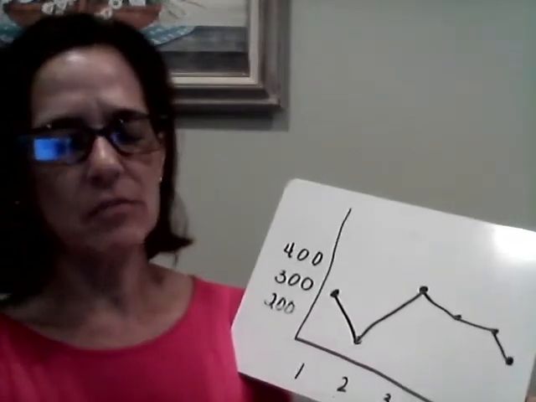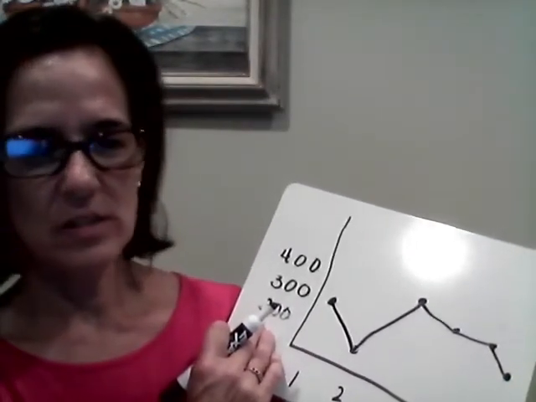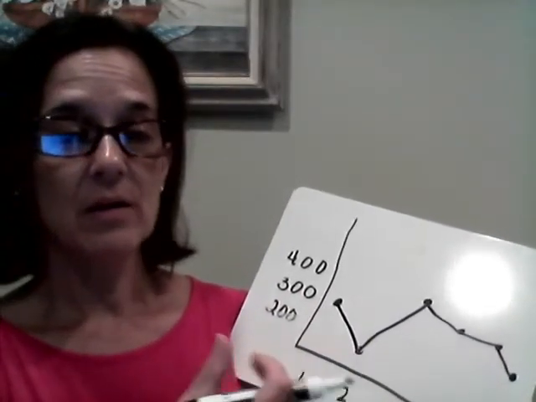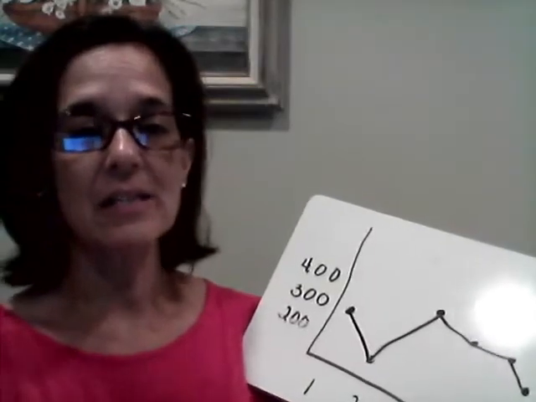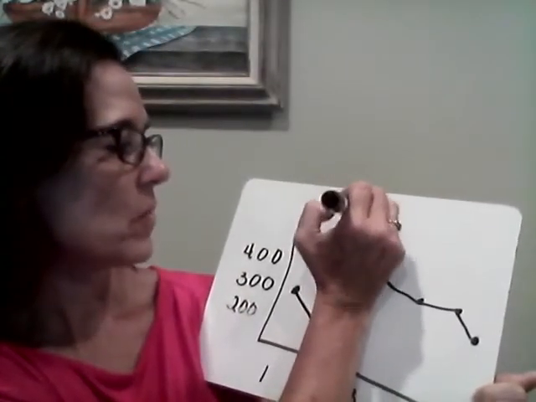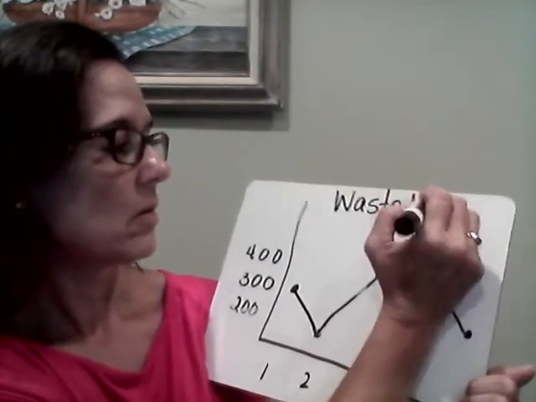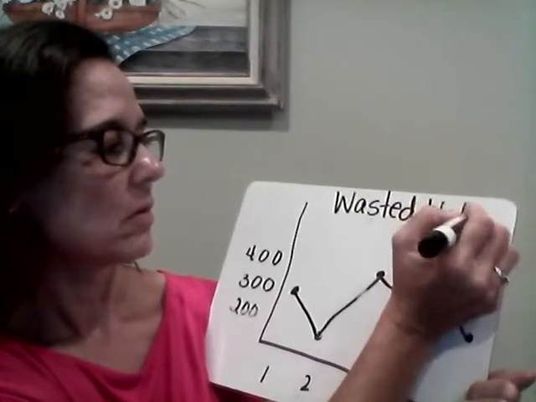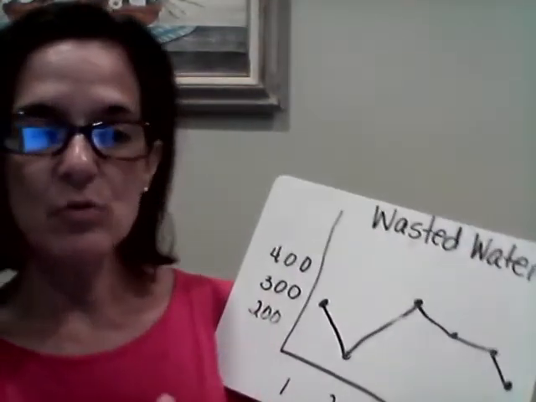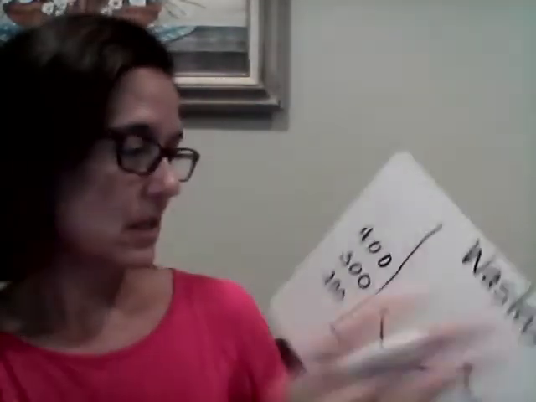Now, we still needed a few things here because no one would know what this is talking about, right? We need a title. And the guys in class today said they would just title it Wasted Water. So we put Wasted Water as our title. And then these numbers represented milliliters of water wasted.